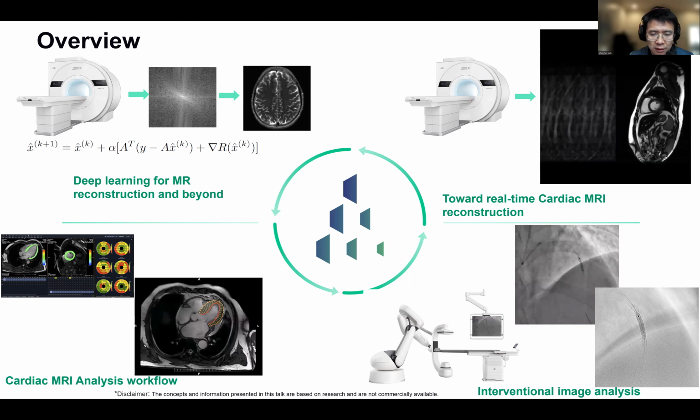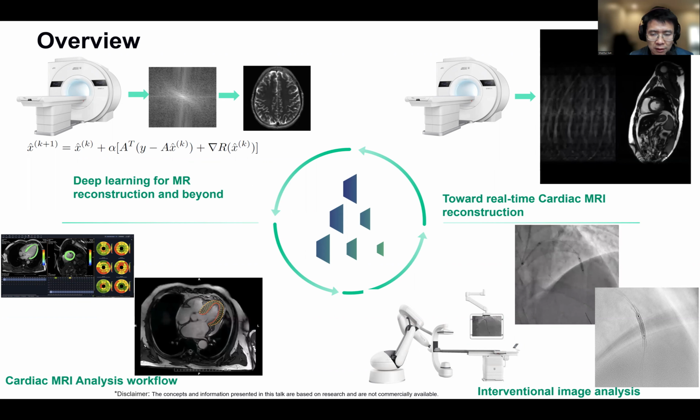Basically, the input of our neural network is the multi-coil undersampled k-space, since in reality the scanner always acquires multi-coil k-space data. The output of the neural network is just one image with multiple channels, the real part and the imaginary part.